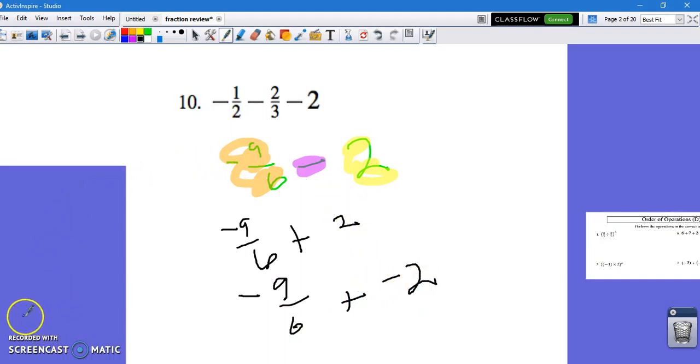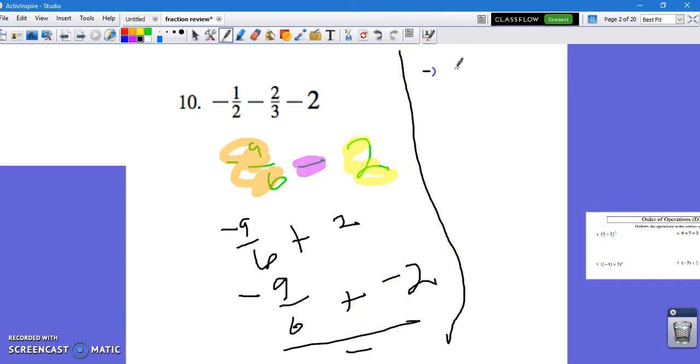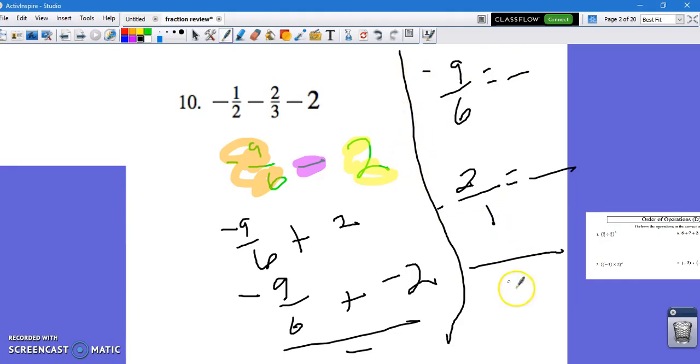And then I follow my addition rules. I have a negative plus a negative, don't I? And what do we do when we have a negative plus a negative? You know our answer is going to be negative. I just need to add this and this together. Let me make some room to do that. Actually, I'll just do it right here so you see what I'm talking about. Negative 9 over 6, add with a 2 over 1 underneath here. Remember, we're going to add these, and your answer will be negative because you have a negative plus a negative.